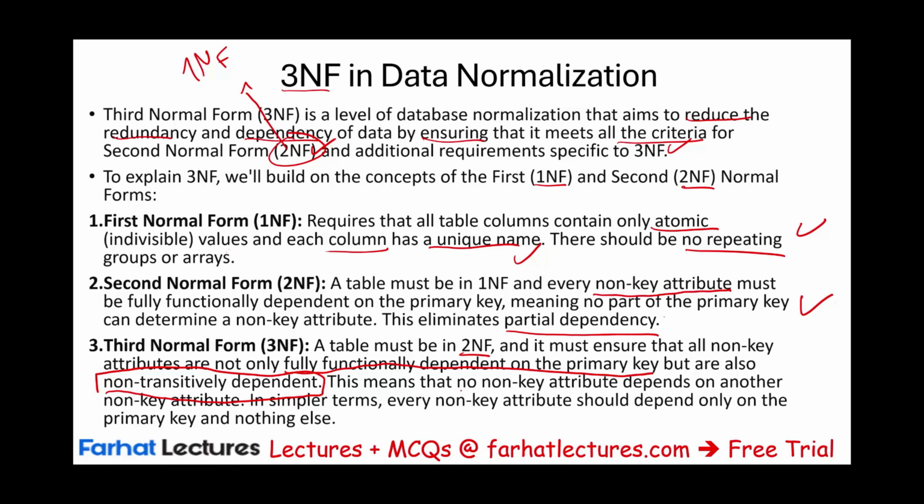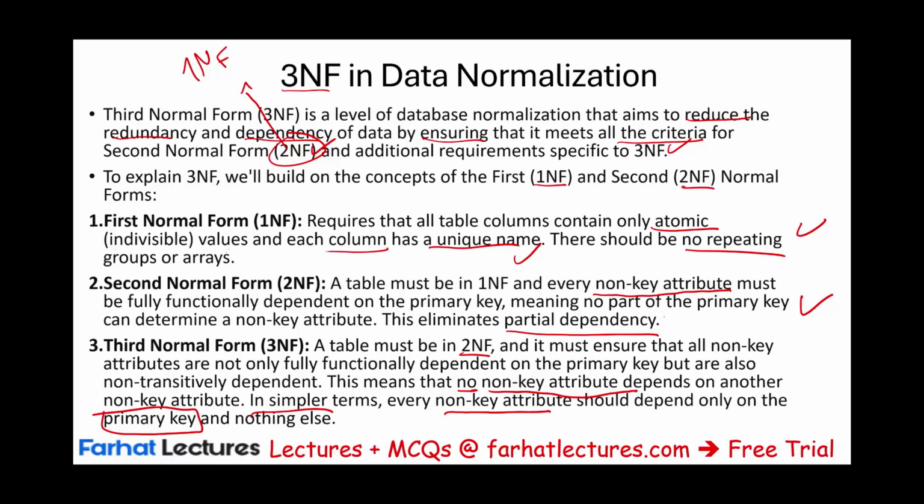This means no non-key attribute, something that's not the primary key, depends on another non-key attribute. So you cannot have a non-key attribute that's dependent on a non-key attribute. So it's depending on something else other than the primary key. Remember, everything has to be dependent on the primary key. In simple terms, every non-key attribute should be dependent only on the primary key. That's it, and nothing else.